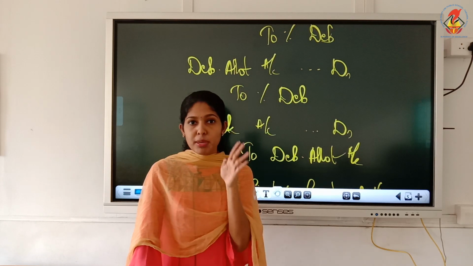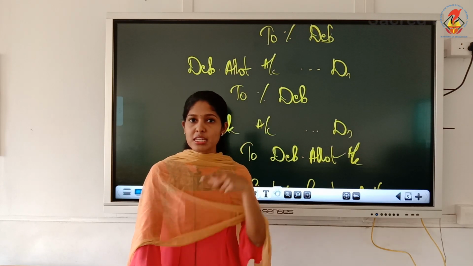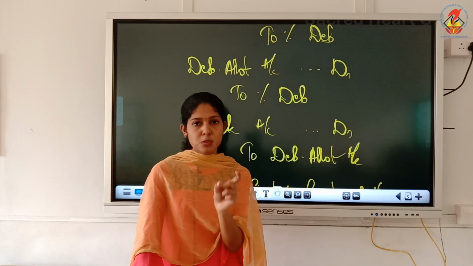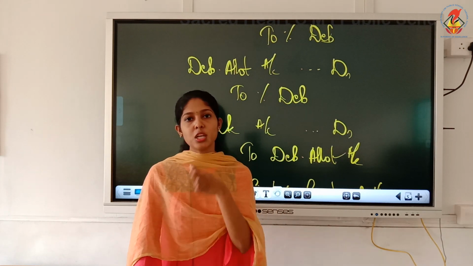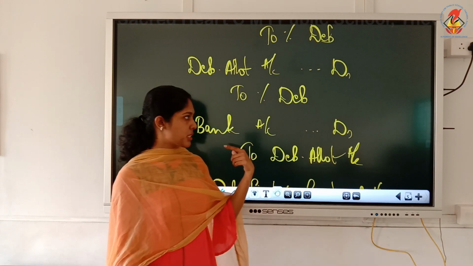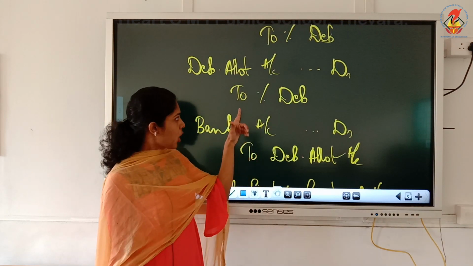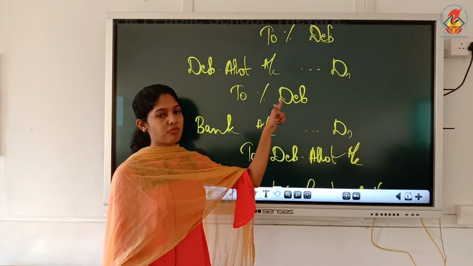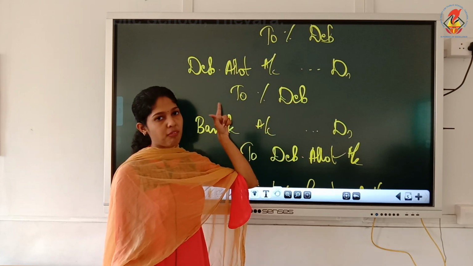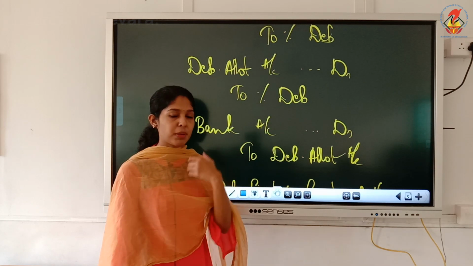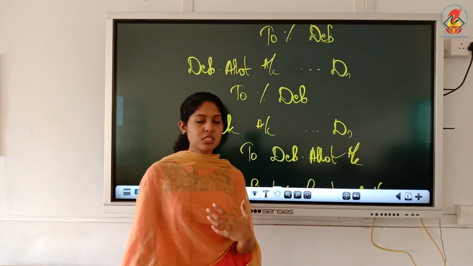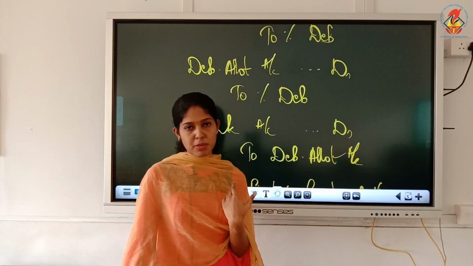Then it will be opened with which term? What did I tell you in the previous chapter? SPR must be written with the term share capital always. So in this chapter, this SPR must be opened with the term percentage debentures instead of share capital. And if nothing is mentioned, premium will be collected along with allotment money.